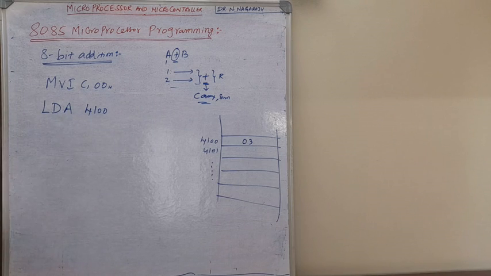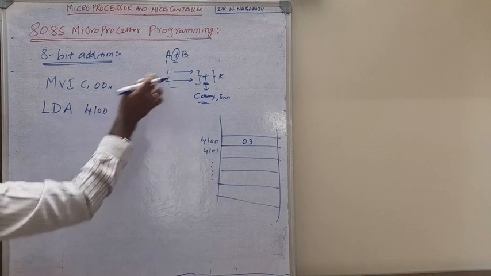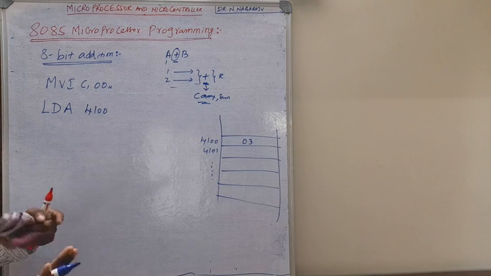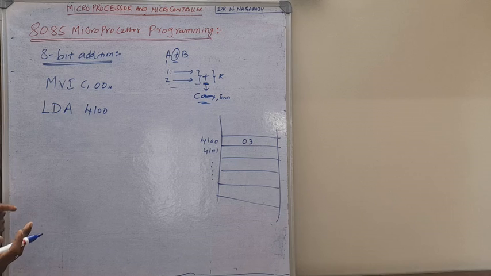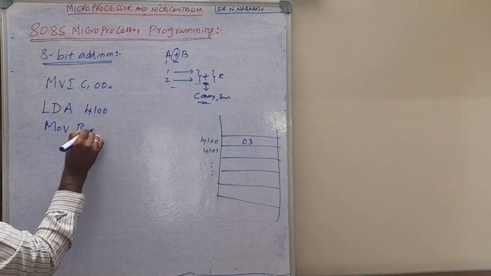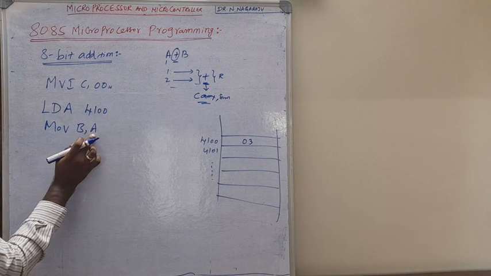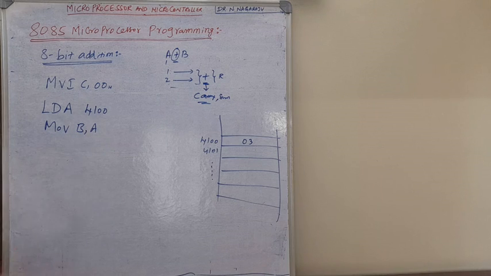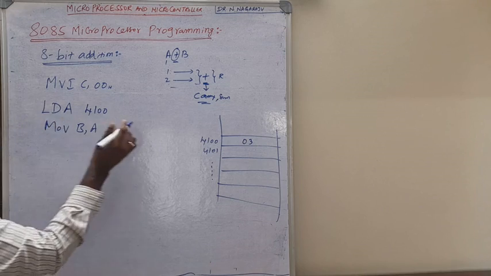Now one data is loaded into the accumulator. I want to move that data to another register. Why I want to move it, I will tell you. So MOV B, A indicates that whatever content is present in A is moved to the B register, in order to get the second data. For accessing memory, the only register available is the accumulator, because we only have the LDA instruction.